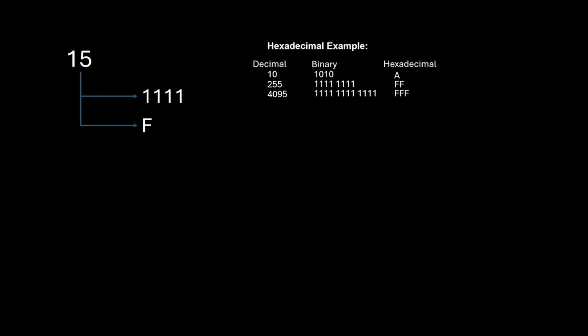Likewise, let's take another example, 255, and convert it to binary. The binary representation of 255 is 1111 1111.